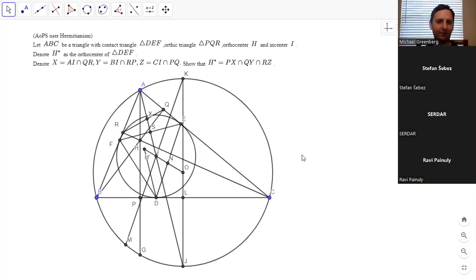No projective geometry needed there. You just use that fact and that proves it.